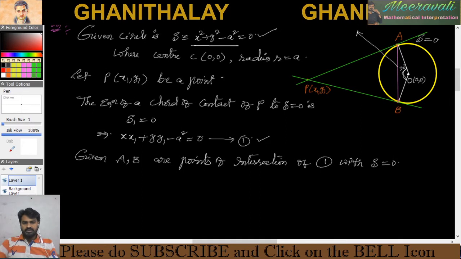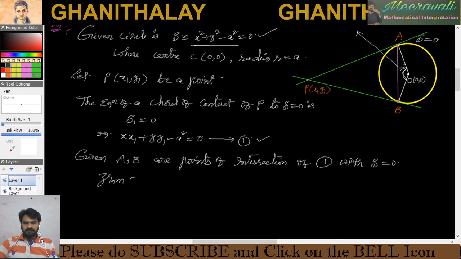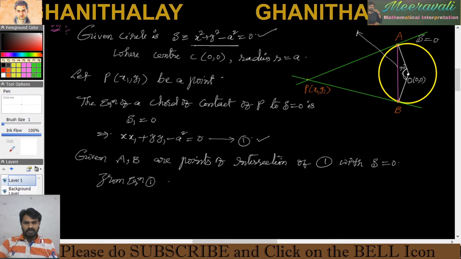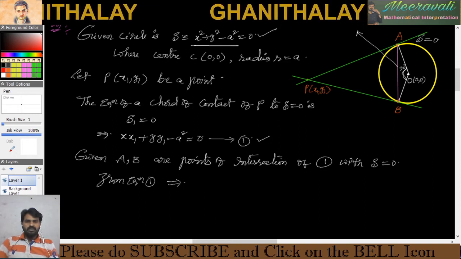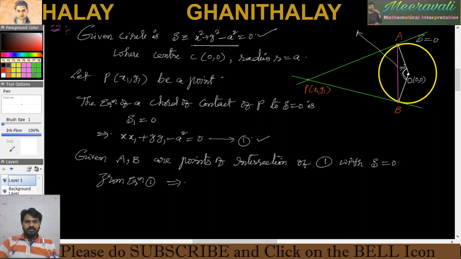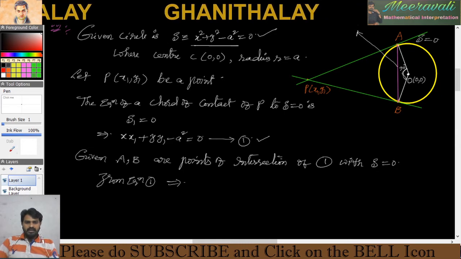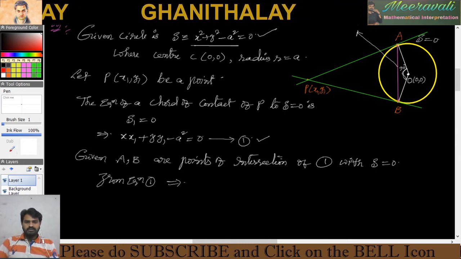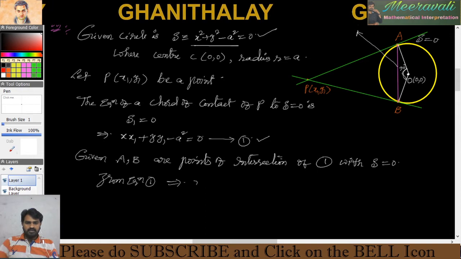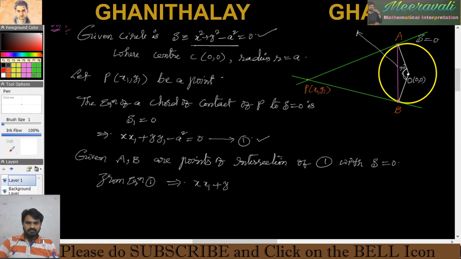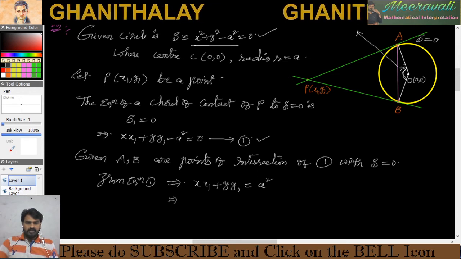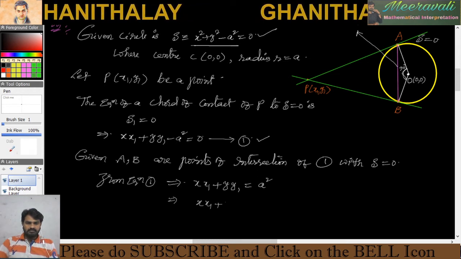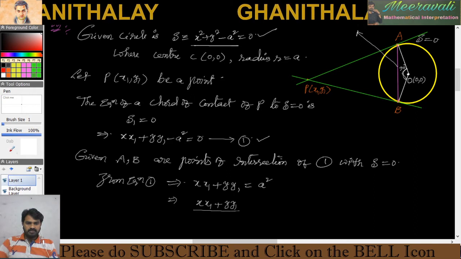Now from equation 1, while making the homogeneous equation by taking the line equation, we have to find the constant 1 here. What is the constant in this one? a square. Take it to the right side, and divide by a square on both sides.